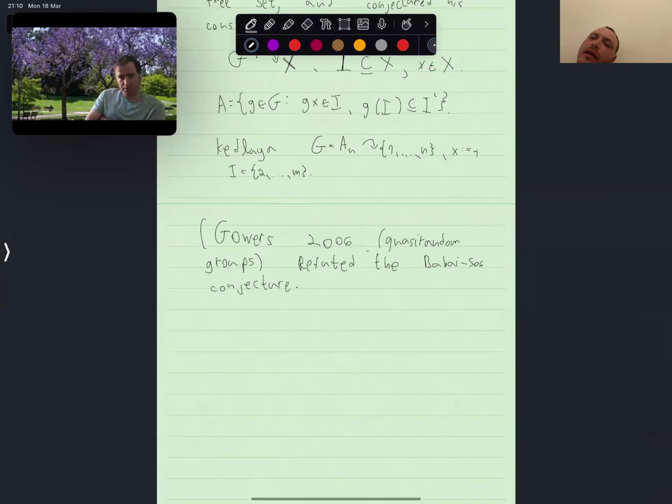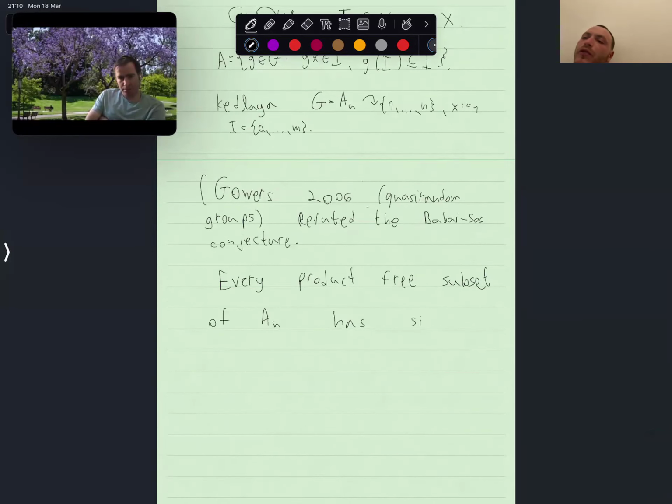He showed that every product-free subset of A_n has density at most n to the minus 1/3, so size at most n factorial times n to the minus 1/3.